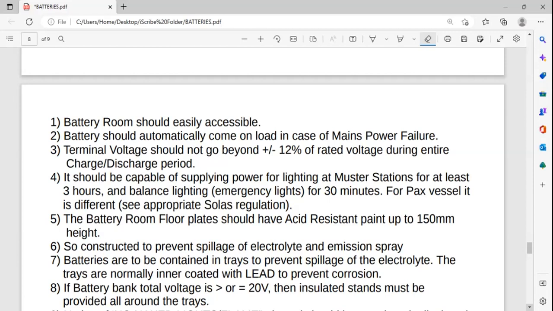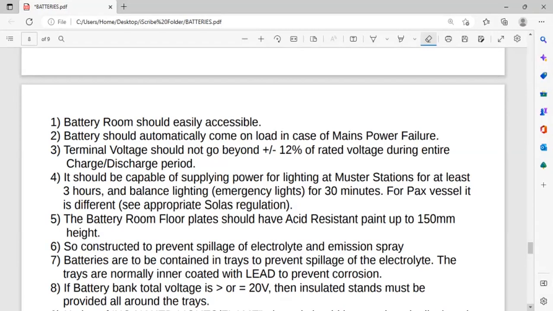So the lighting for the emergency or muster stations will definitely be more than 3 hours. We will see in the emergency generator also, for passenger vessels and for your normal vessels, the difference in how long your emergency generator should be able to generate in case of an emergency.